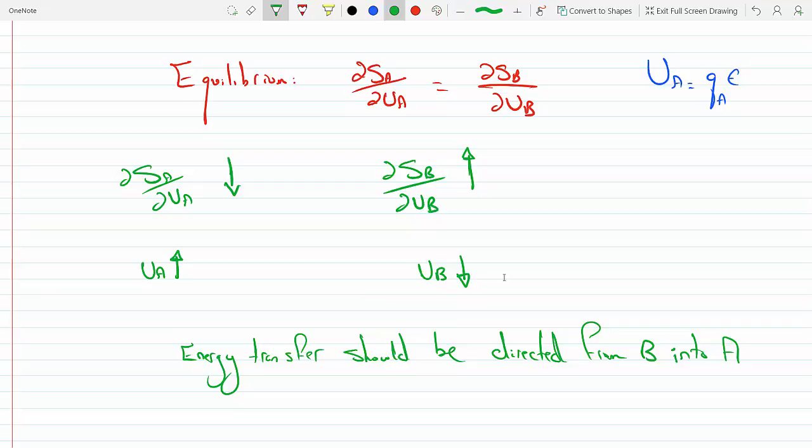The steeper one wants to gain energy to increase its entropy, while the other one, although the entropy of the entire system overall is increasing, doesn't mind losing a little bit of energy, because the slope being shallow, the entropy is not decreasing by so much. It's only a small decrease versus a much larger increase on object A, the first object that has the steeper S versus U graph. This concludes this problem.